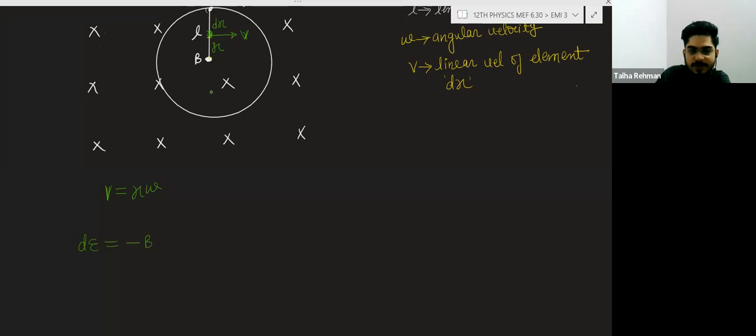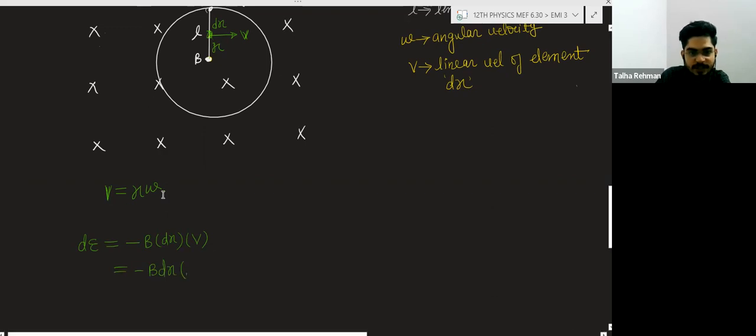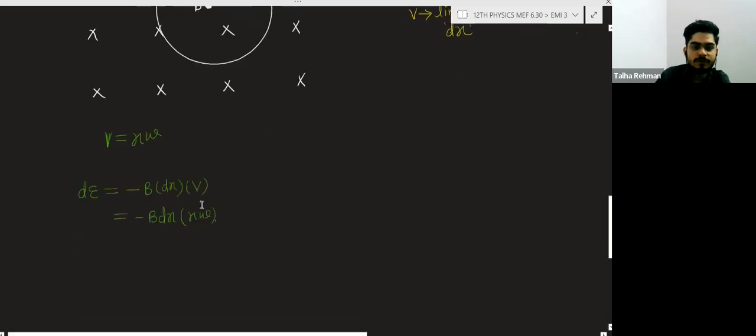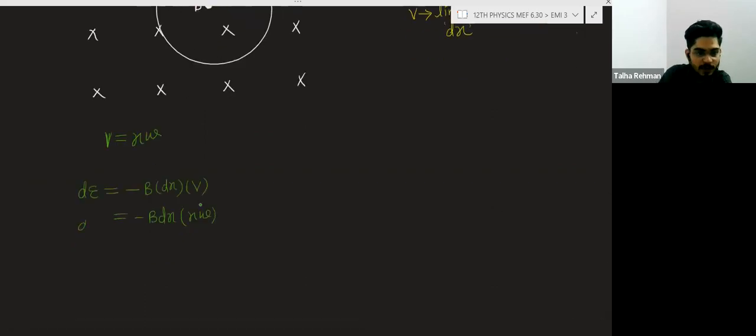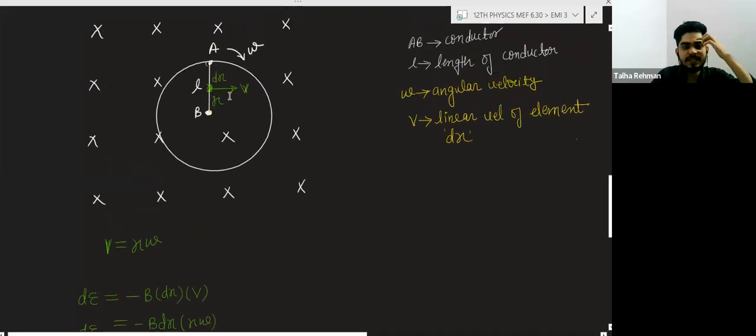Minus magnetic field, length of element, that is dx, and the velocity of this element, so minus B v dx. Instead of v we will put x into omega. Now we have this dE, the induced EMF in this element dx.